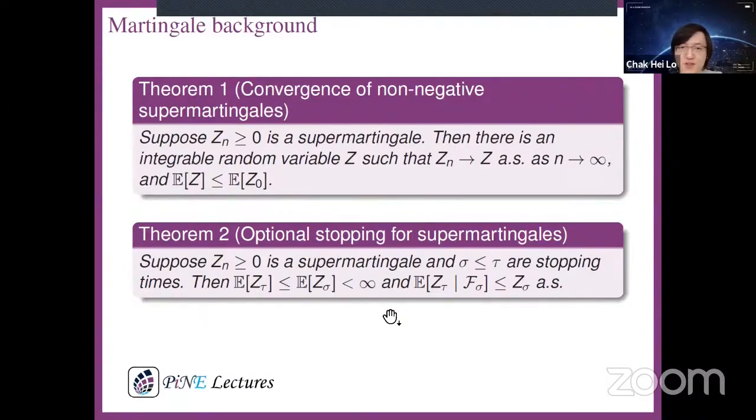Both of them are finite. And we also have that the expectation of Z tau given the filtration F sigma is less than or equal to Z sigma. Again, tau is the bigger stopping time, and we condition on all the information up to the first one. These two facts we will keep on using in this course. They are very useful facts that we'll see later.